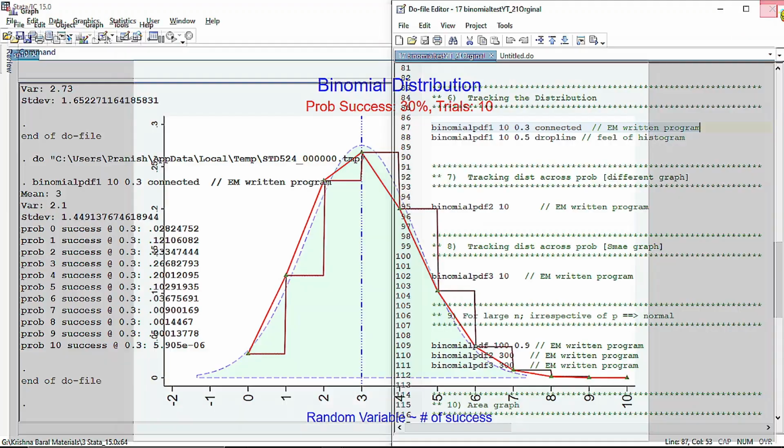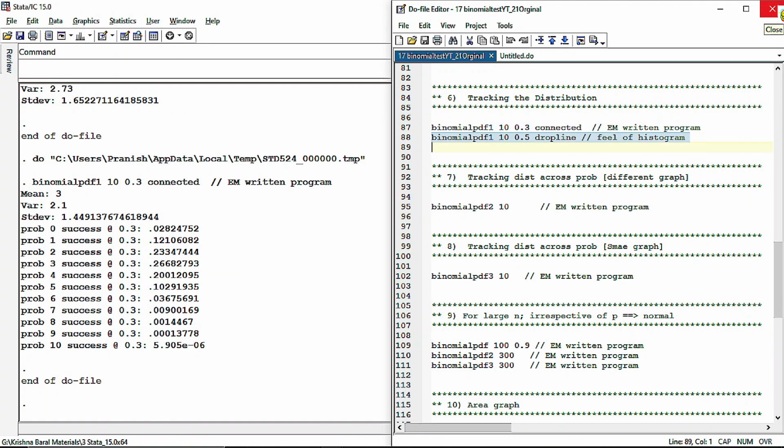And let us do it once again. This time we see the x value from 0 successes all the way to 10 successes and its corresponding probability, and when we draw them, this is x against y, and we get that binomial distribution.